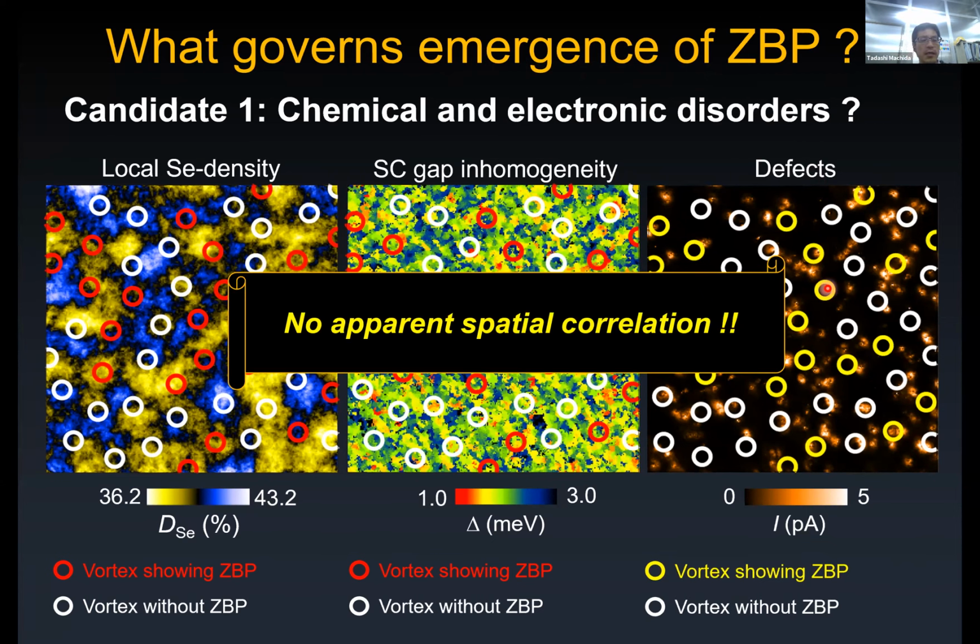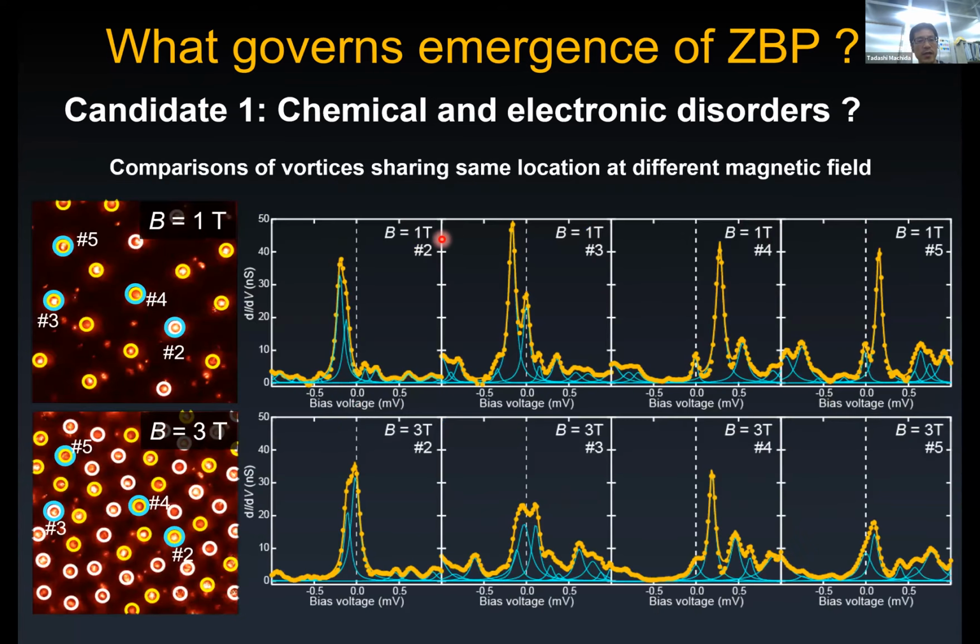However, it is also possible that another local parameter governs the local emergence of the zero energy peak. To test this possibility, we compare the vortices at the same location at different magnetic fields.